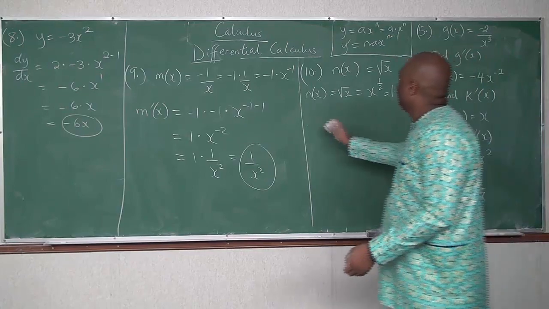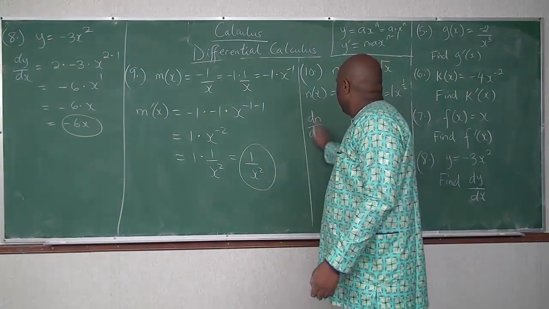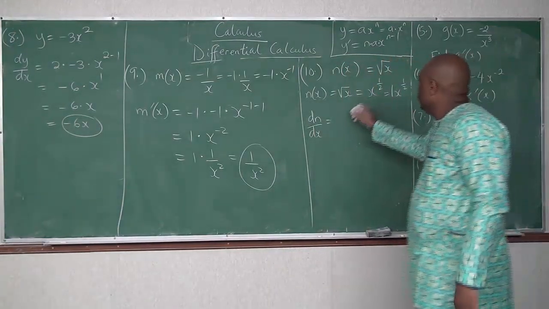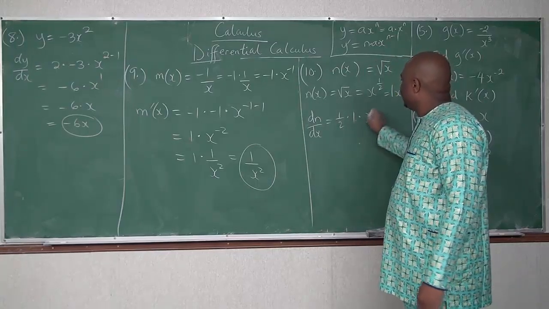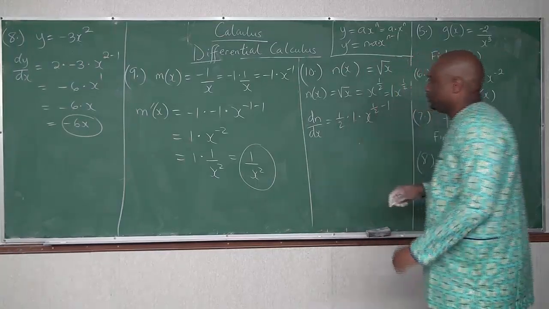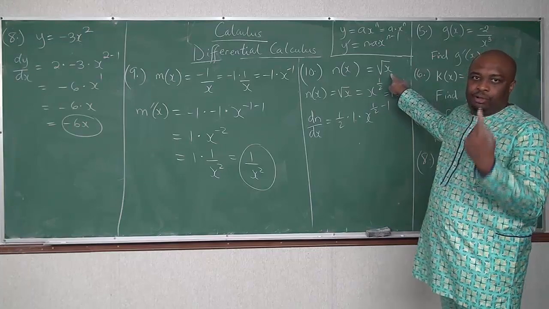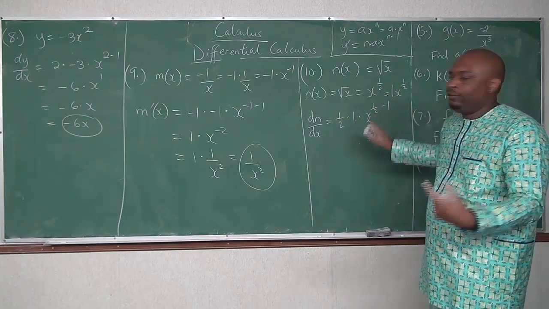Okay? So n prime of x, or dn/dx, will be 1/2 times 1 times x to the 1/2 minus 1. Okay? And because they gave it to us in radical form, we have to give it back to them in radical form.